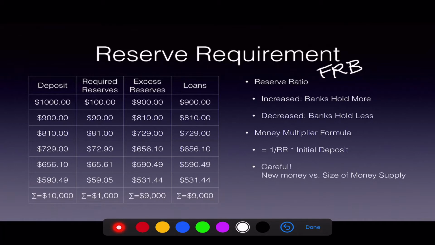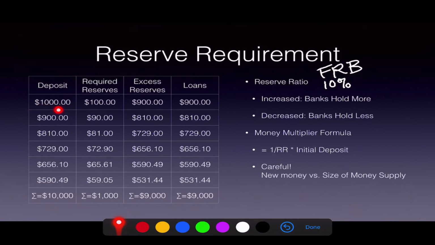The reserve ratio that we see identified here is determined by the Federal Reserve for all of the participating banks in the United States. So if there's a reserve ratio of, say, 10%, just as a reminder, that means that 10% of deposits have to be held and cannot be loaned out.